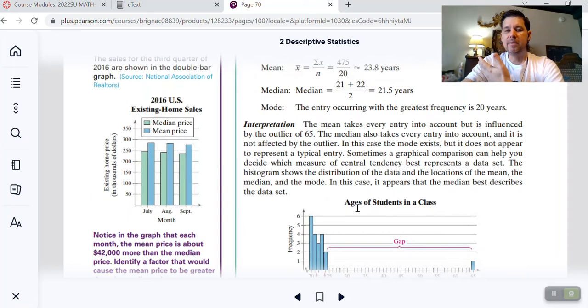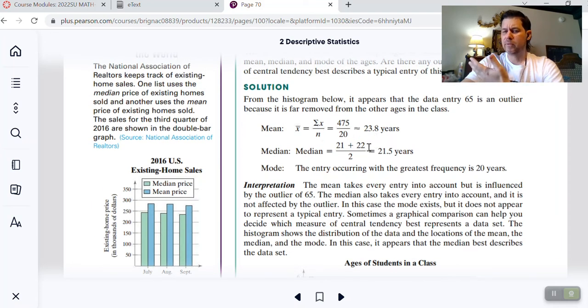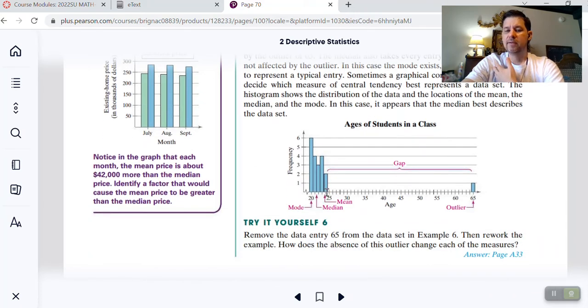So the mean, let's see, what's that, 23.8 years old over here on the far end of the data set. You know, I'd say the typical entry is more in the middle, all right? Right around here, like 21 to 23 or something like that. So I wouldn't say the mode represents a typical data entry, and I wouldn't say the mean represents a typical data entry.